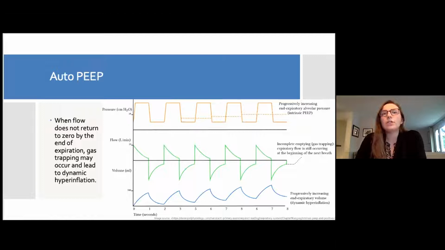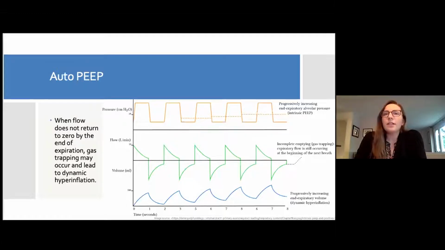So we have pressure, flow, and then volume curves here. And we can see on the flow curve here, the green curve, inspiration is above the line and expiratory flow is below the line. So flow into the lungs is above the zero line and flow out of the lungs is below that zero line.